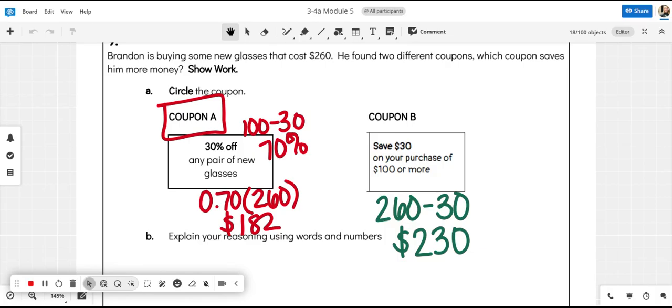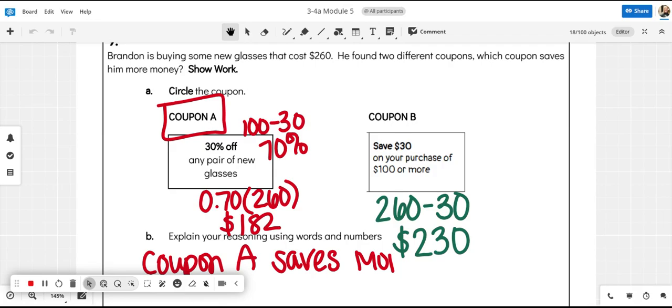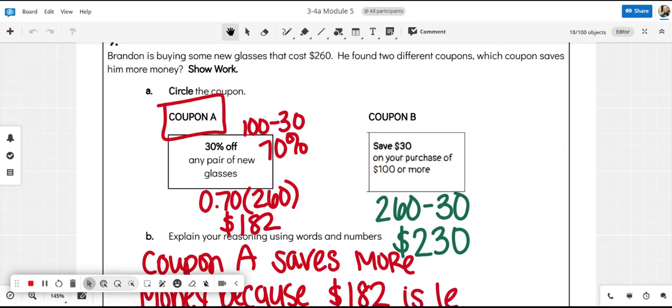So explain my reasoning, with words and numbers. I have my numbers right there. So complete sentence. Coupon A saves more money because $182 is less than $230.